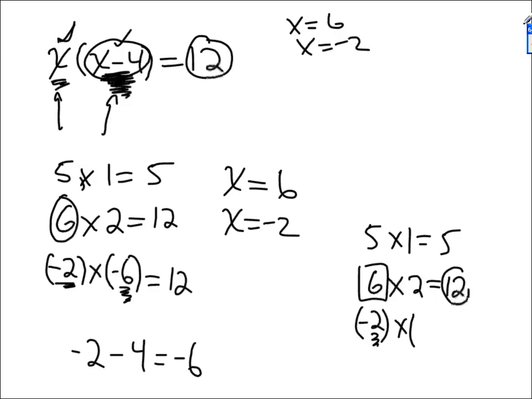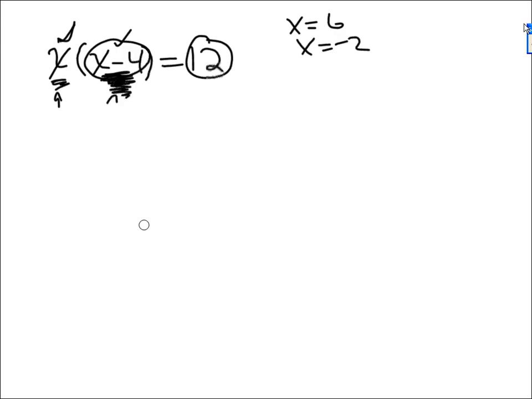You have a number, you take away 4, you get -6. And the product is still 12. These are the two answers. It doesn't take more than 5 seconds to do this problem. But unfortunately, as I said many times already, this is an algebra class, and your teacher may want you to use algebra.